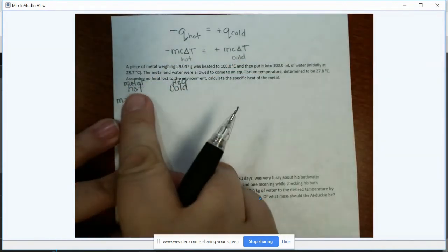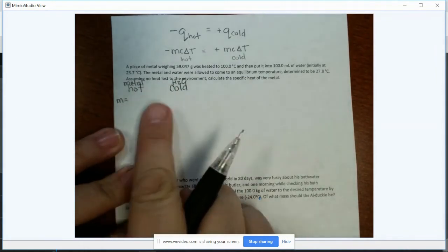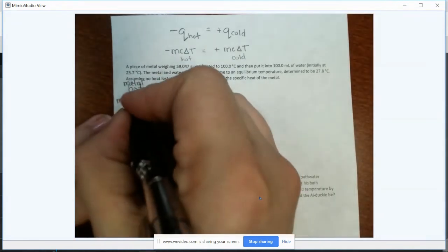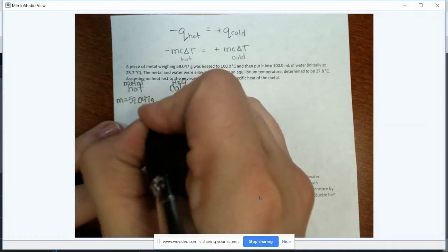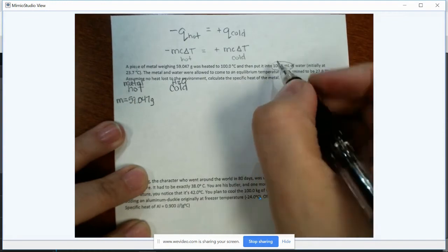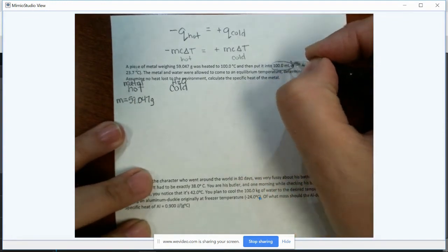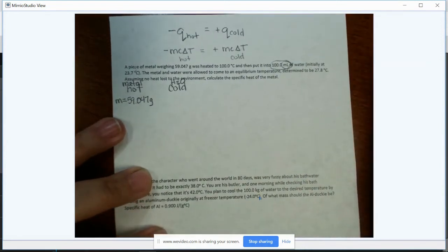So in this case, the metal is hot, the water is cold. So let's pick apart what our masses are. They tell us straightforward what the mass of the metal is, 59.047 grams. And they tell us the volume of the water, and this is my mistake for not putting that information in here, but if you have milliliters of something and you want to know what its mass is, you've got to use its density.